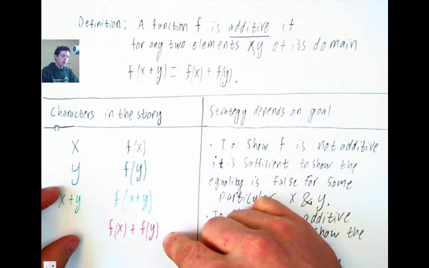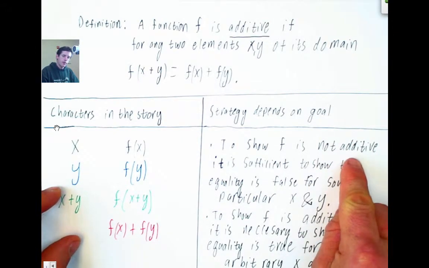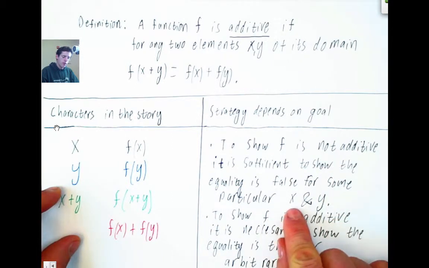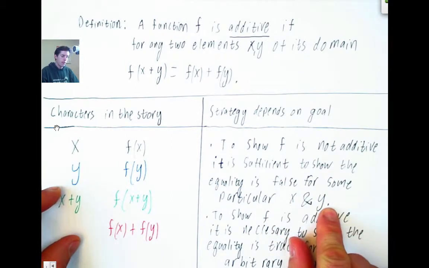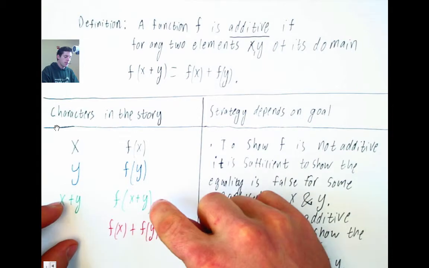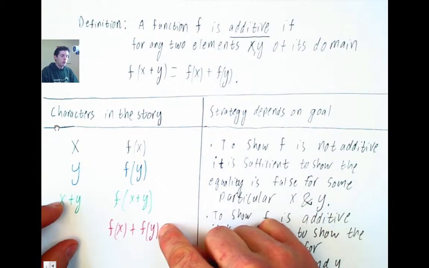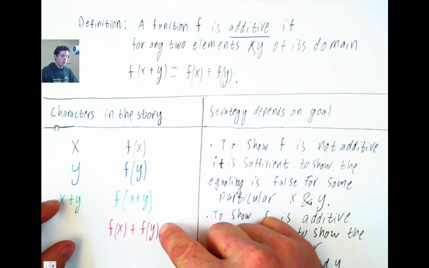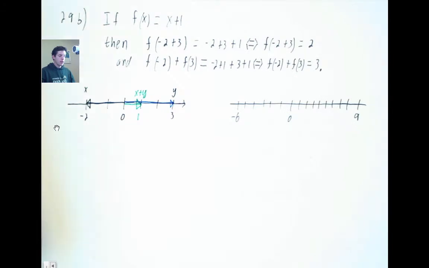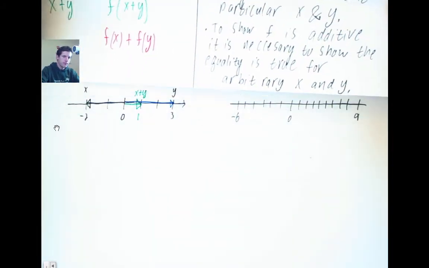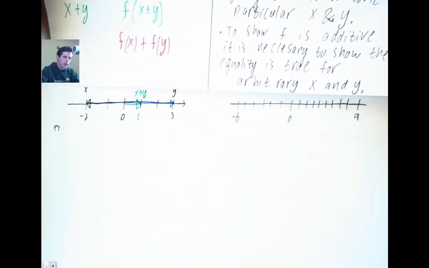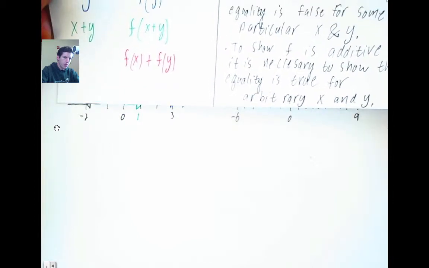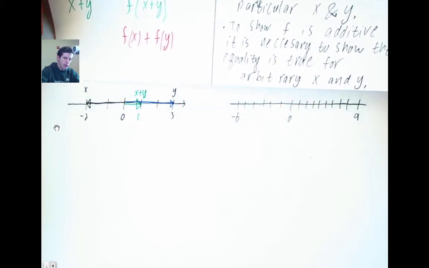Okay, so I was trying to show that f is not additive. So I was looking in particular at x and y, -2 and 3. And indeed, I found that this thing and this thing were not equal, with x and y being the particular numbers -2 and 3. And in colors, I have drawn in blue y, and green x plus y.